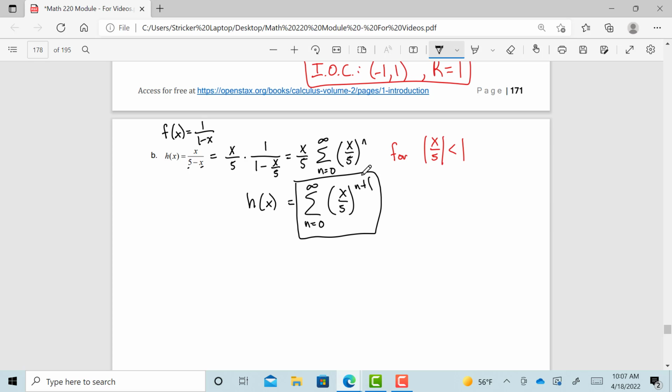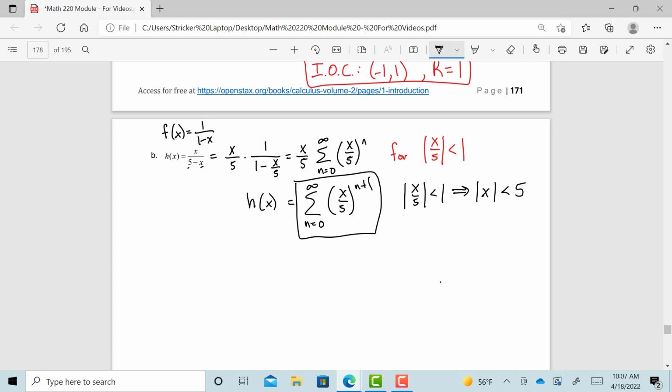And it's equal to it for, if we go ahead and solve here, we can say that absolute value of x over 5 less than 1 implies that absolute value of x is less than 5 if we multiply both sides by 5, right?